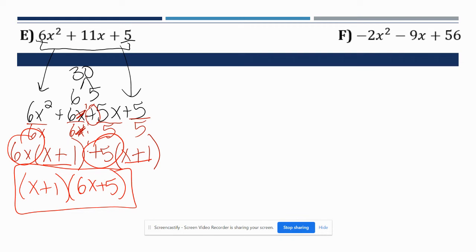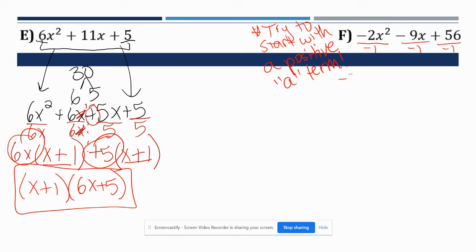Letter F. We want to try to start with a positive A term. And right now, we have a negative 2. I'm going to make my common factor then. 2, 9, and 56 don't have an overall common factor, but I am going to divide everything by negative 1.